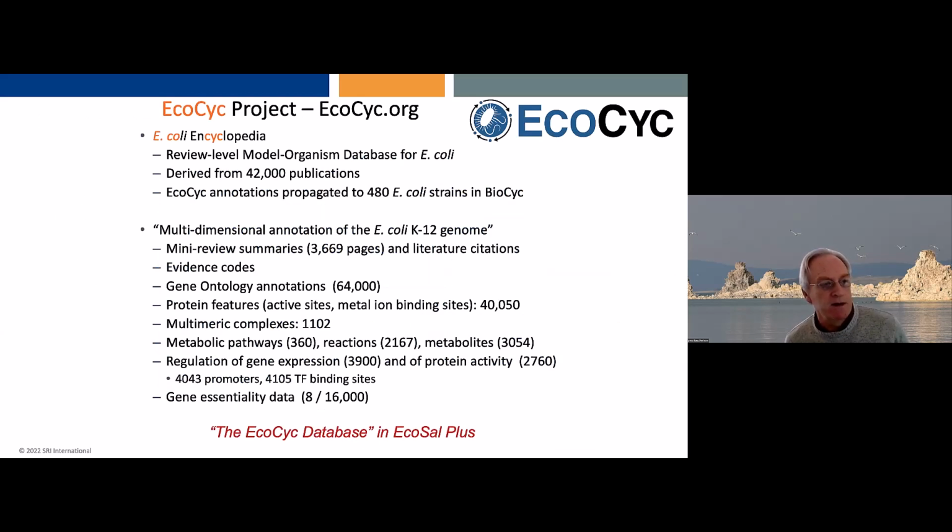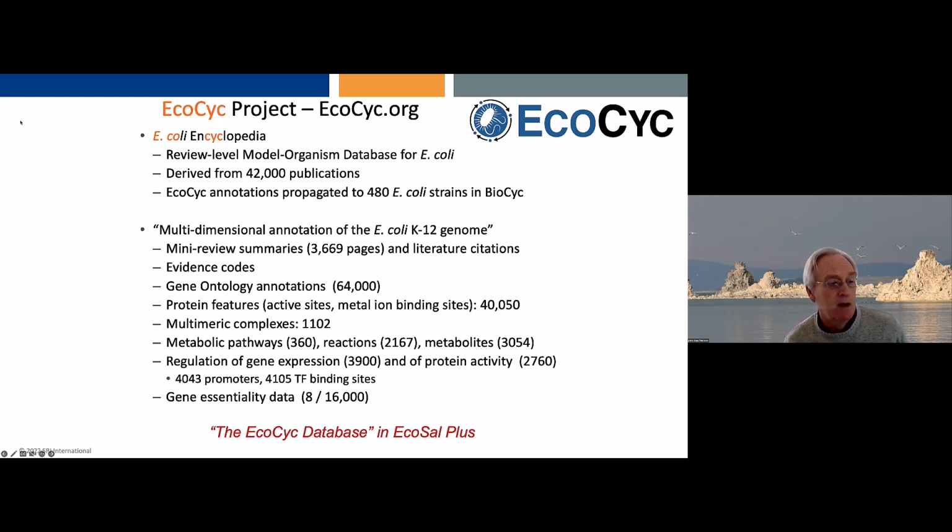EcoCyc is probably the most extensive organism-specific PGDB. Another thing that we've developed in the past few years is the ability to propagate annotations in one of our PGDBs, a master strain, to other strains that we haven't been able to curate.